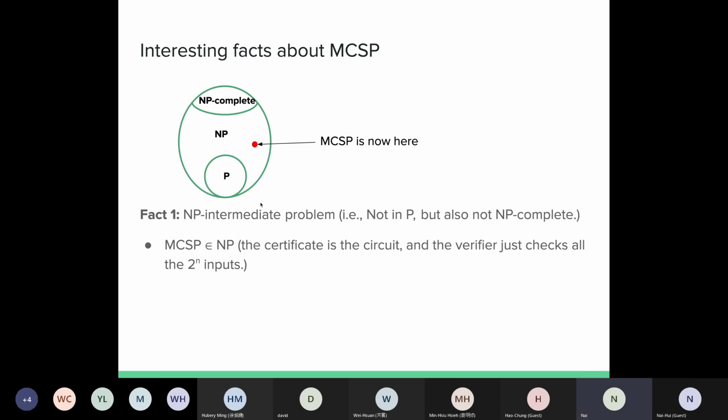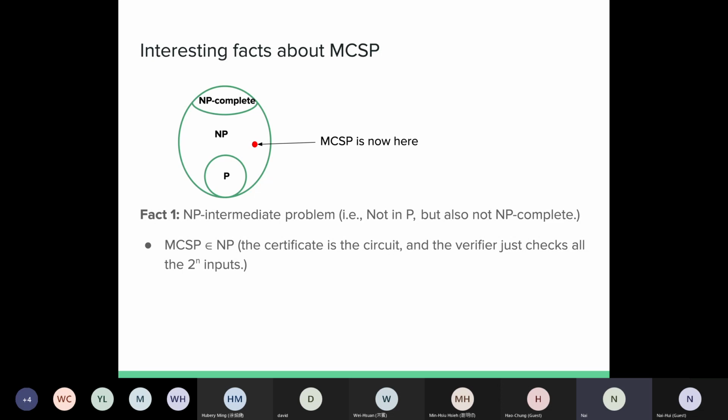MCSP is in NP because we can find a certificate to verify that a given Boolean function has a small circuit or not. The certificate is the circuit, and the verifier just checks all the 2 to the n inputs.